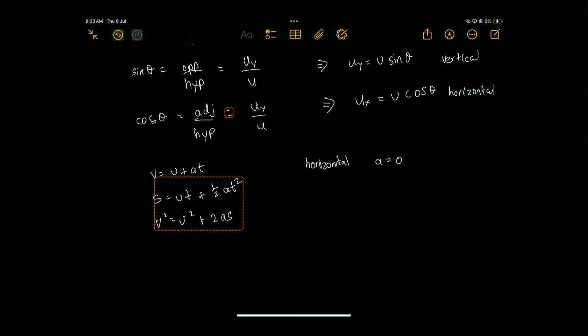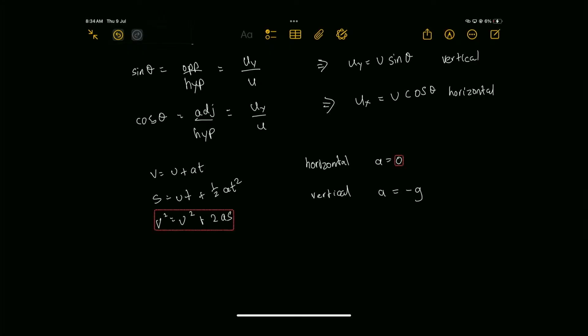Now in the vertical component, there is the weight acting downwards on the ball, right? So if we take up to be positive and down to be negative, the weight is acting downwards. Therefore, there would be an acceleration on the ball, which is the acceleration due to gravity, and that is acting downwards. So the value of the acceleration would be equal to negative g.